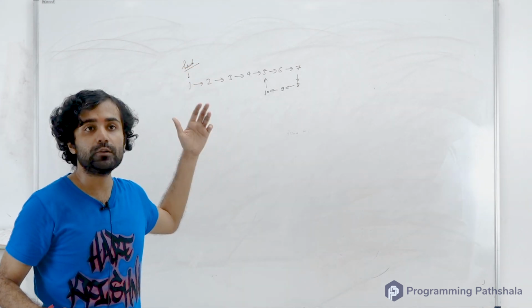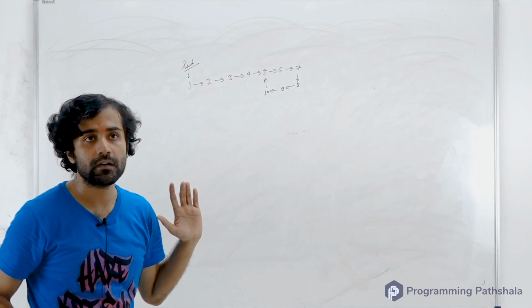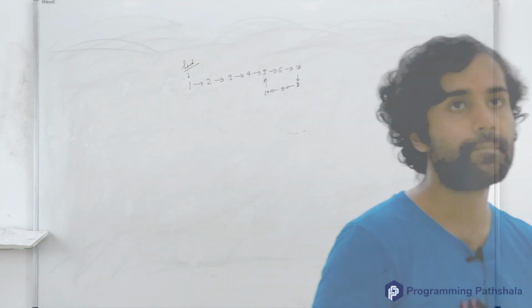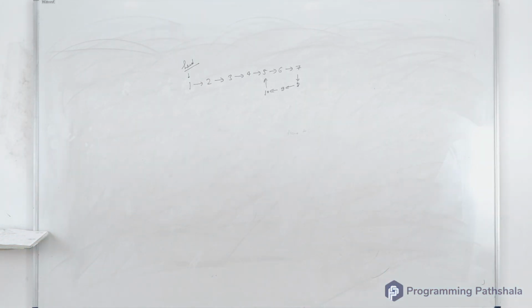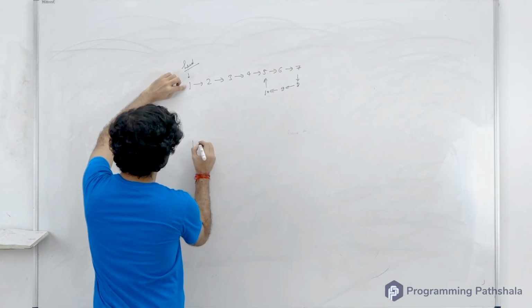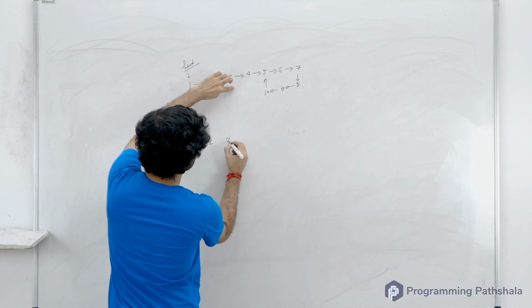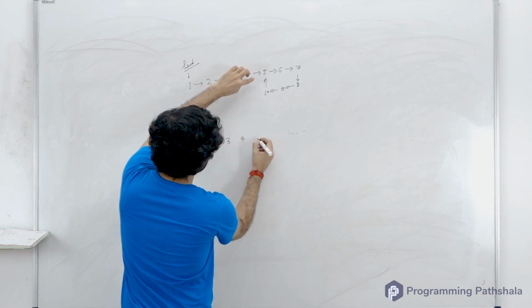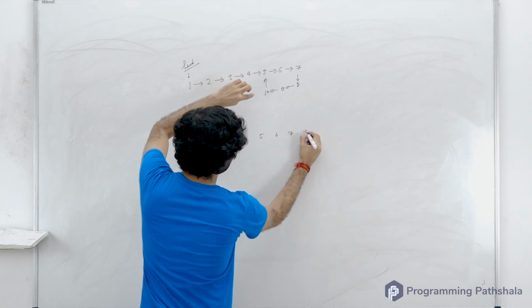If I try to traverse this linked list, can somebody tell me what will happen? That loop of traversal or recursion of traversal will end up running infinitely. Why will it happen? Because on your way to traverse, first you are here, you print 1, then you print 2, then 3, then 4, and so on, 5, 6, 7, 8, 9, 10.